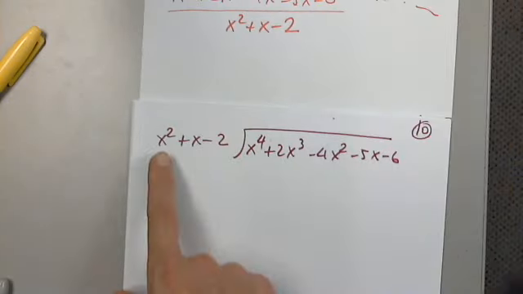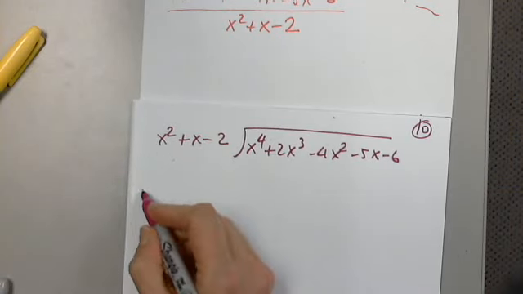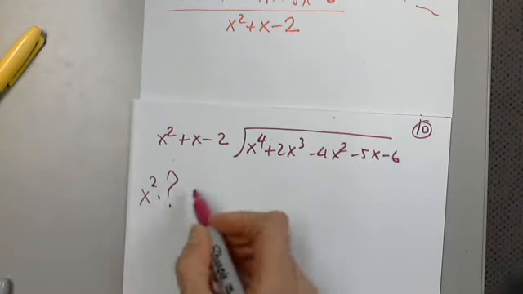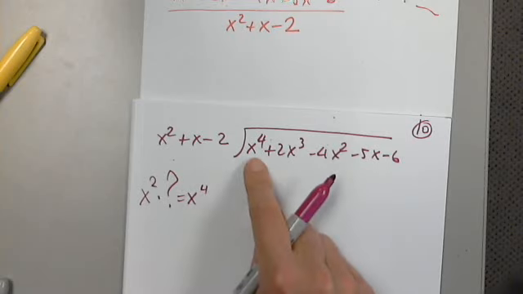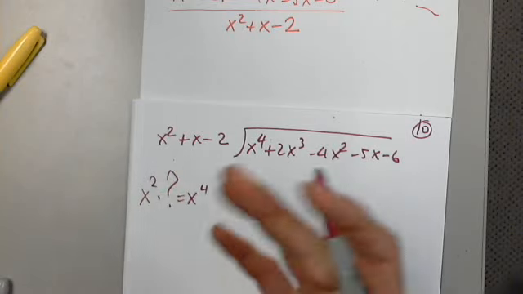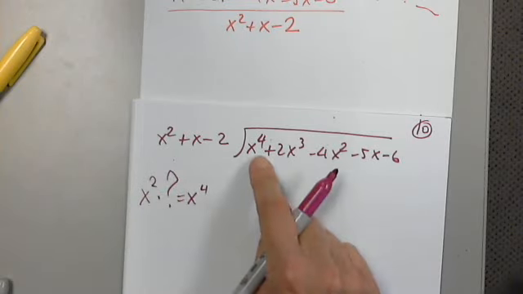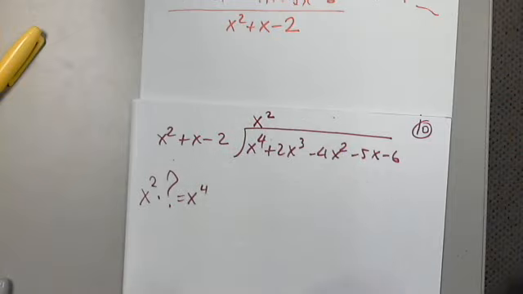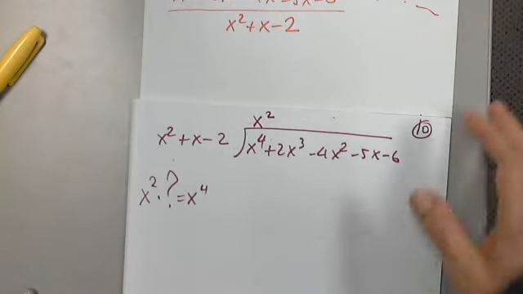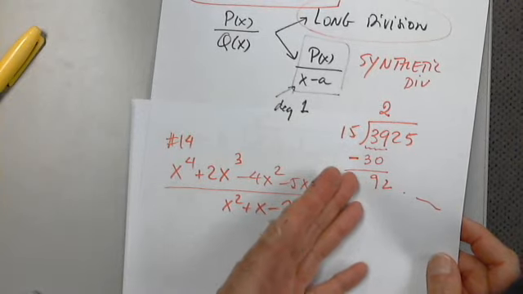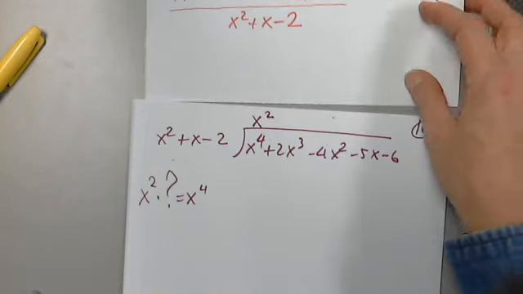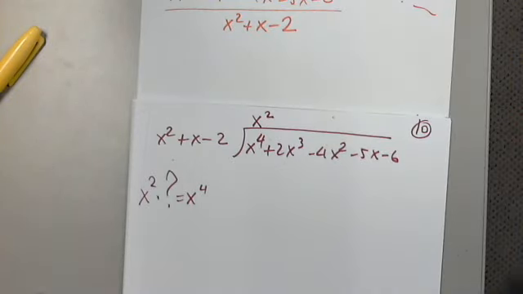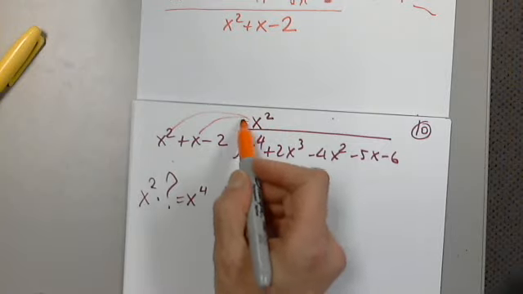So my question is, x squared times what is x to the 4th? Indeed, x squared. Now I have to be very careful because, again, it's the same algorithm, but it looks totally differently. Now I have to distribute x squared to all 3 terms.